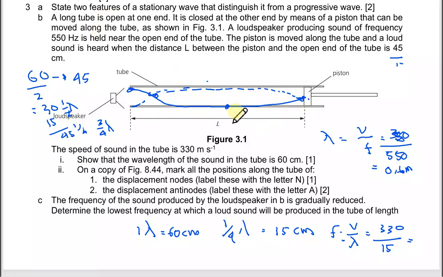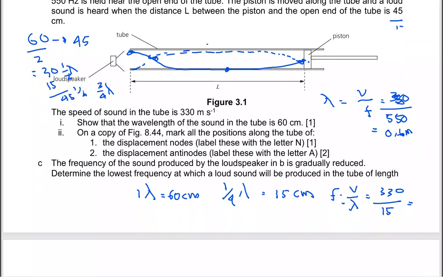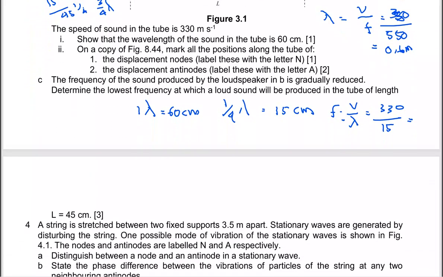So the length of the piston is 45, and it creates a quarter wavelength inside this 45. Because the frequency changes, the length of the wavelength also changes. It's not 60 centimeters anymore, but the length of the tube is constant.